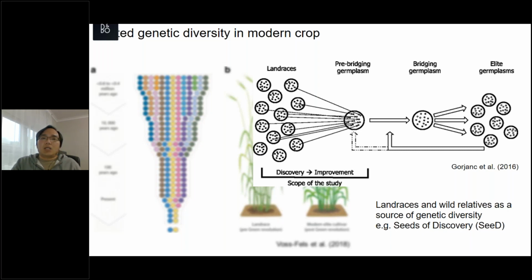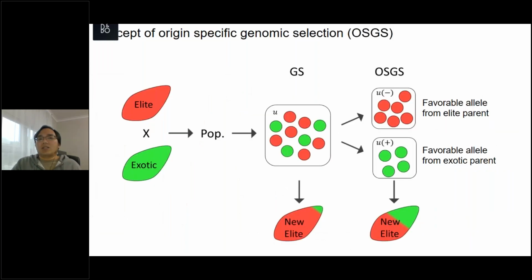And so here we came up with a concept of genomic selection that we call origin-specific genomic selection, and that depends on the parents that we're considering here. So here we look at a biparental population. You have an elite parent and an exotic parent.